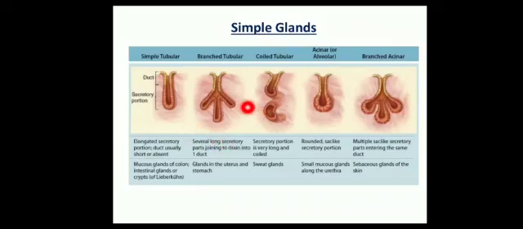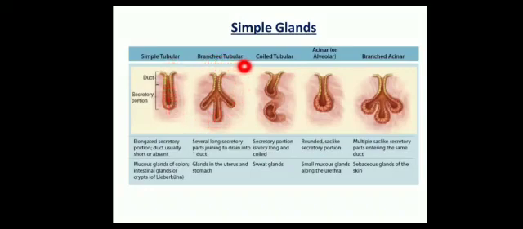For example, simple tubular. This has no branches, and this is the tube shape. So this is simple tubular. For example, mucous glands of the colon, intestinal glands or crypts of Lieberkühn which are present in the intestine.